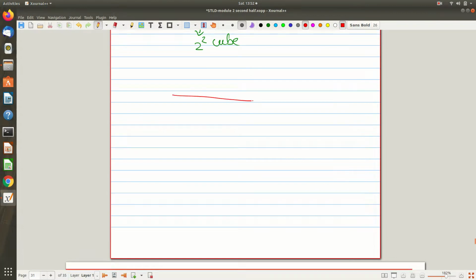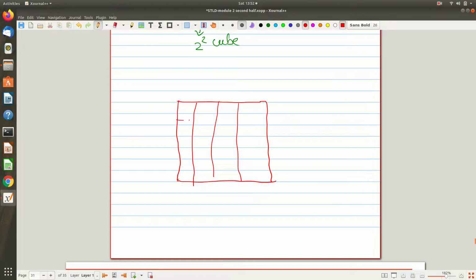Drawing is a problem for me, but here is a 4 variable K-map, with 4 columns and 4 rows. Let the variables be A B C D, then 00 01 11 10, and here also 00 01 11 10, like the Gray code.